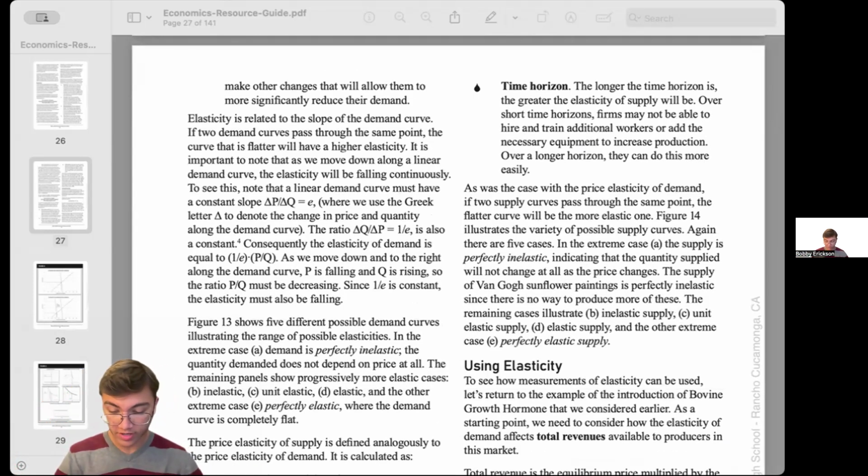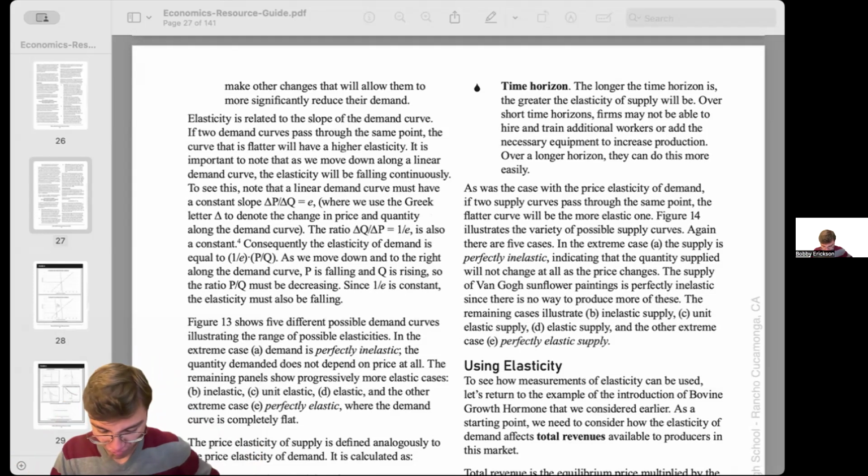Over shorter time horizons, the firms won't be able to hire or train additional workers or even add to the necessary equipment. So that would be relatively inelastic with shorter time horizons, versus longer time horizons will be more elastic because you're able to change the quantity more.